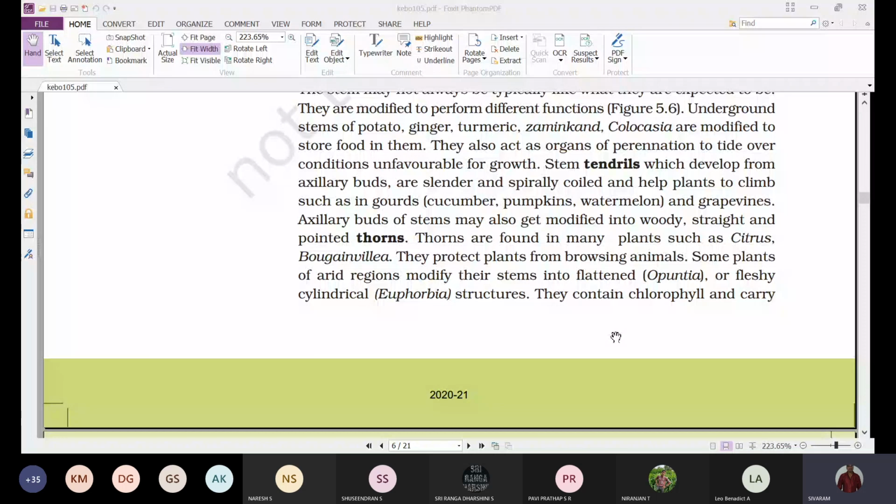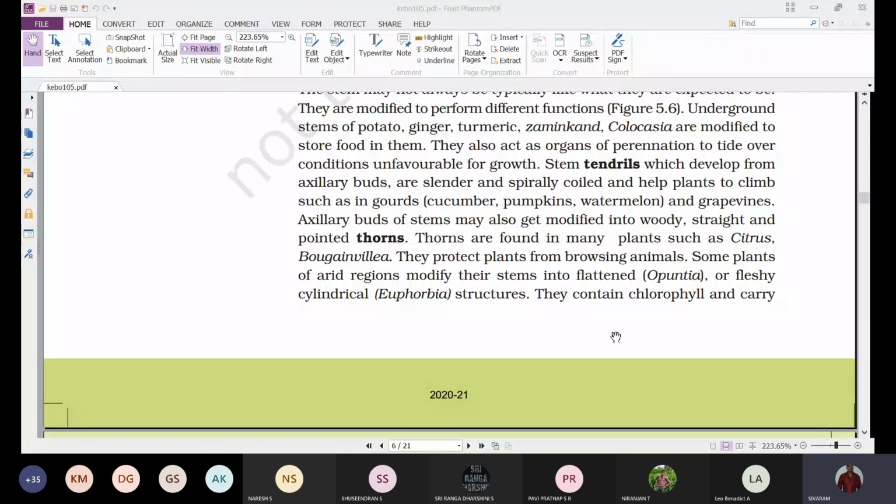So all are related to the stem only, but here we are discussing the main stem. Whatever we have discussed, the tendrils developed from different parts, are all related to the stem only, because the leaf is a part of the stem.